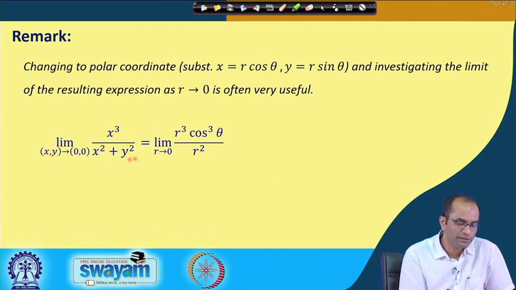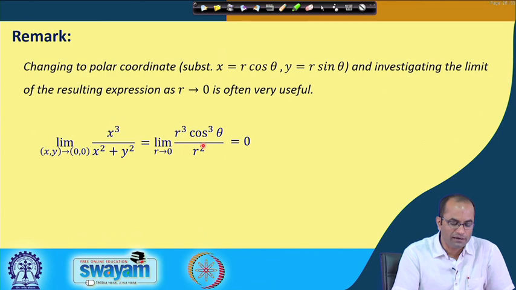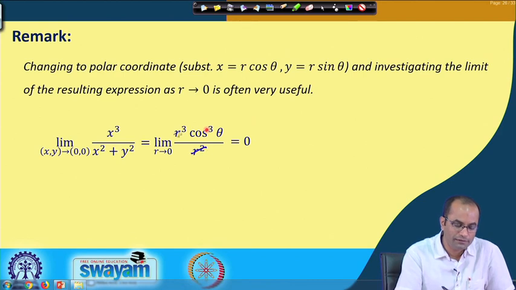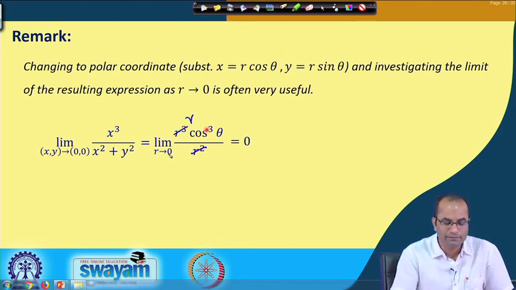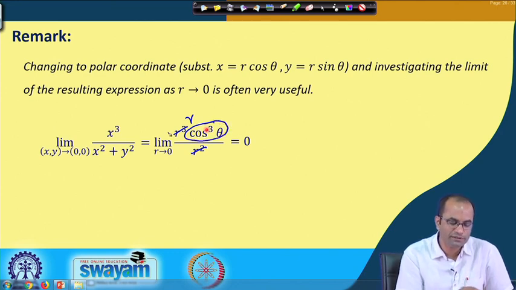So, our limit will be as r goes to 0, and here we will have r cube cos cube theta over r square, and then this r square will be cancelled with the r cube here. So, you will have r times cos cube theta, and then limit r goes to 0. The cos cube theta is a bounded function. So, here when r goes to 0, this limit will be 0.